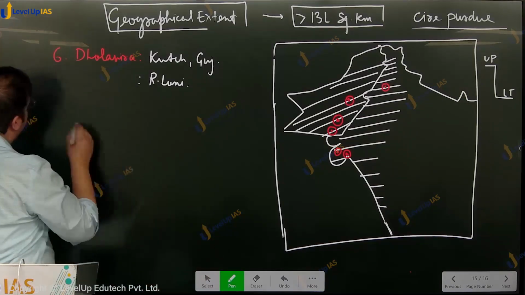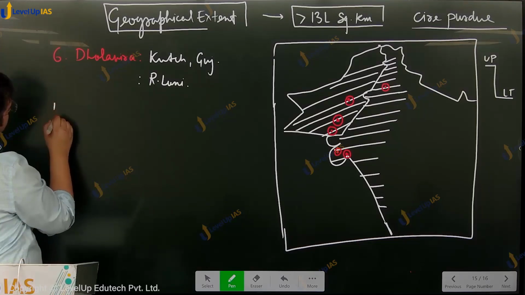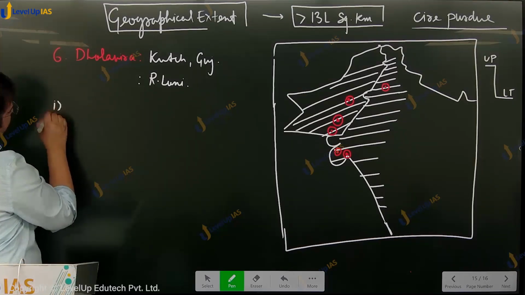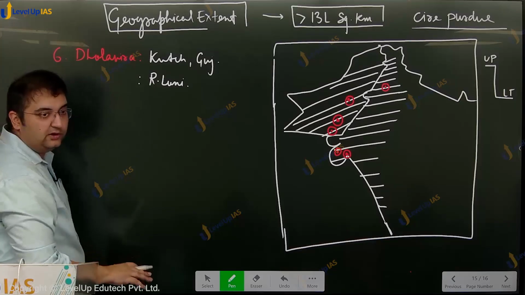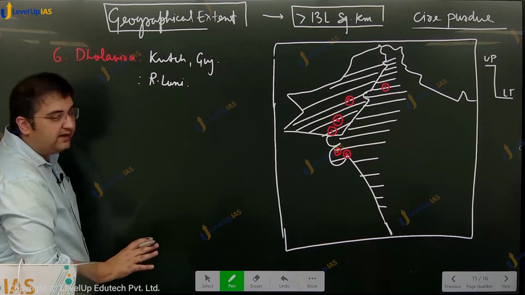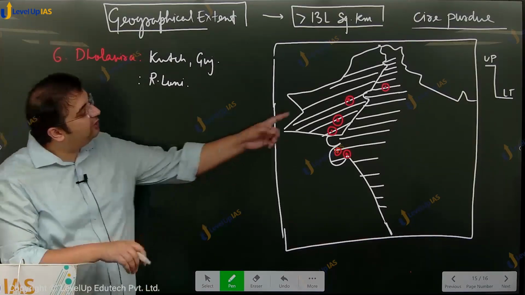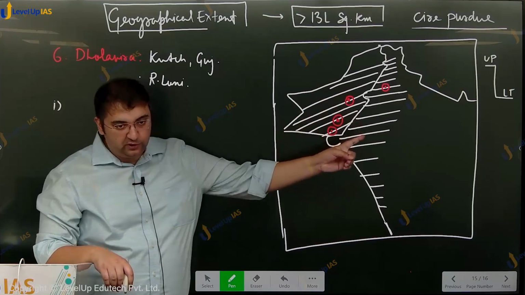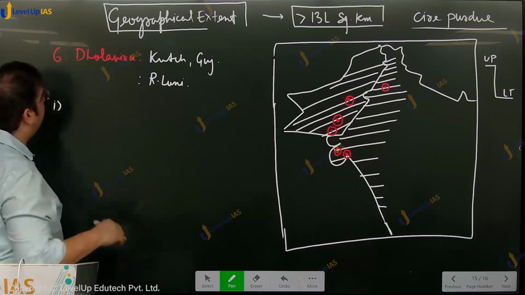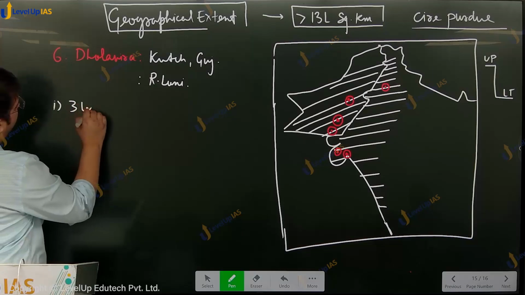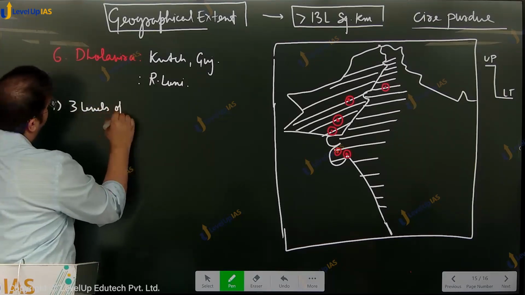Now, what are the important findings from Dholavira? Once again, like Chanudaro, it is also an exception to the ordinary way of town planning. Ordinary way of town planning में क्या था? 2 levels of occupation. At Dholavira, we find 3 levels of occupation.